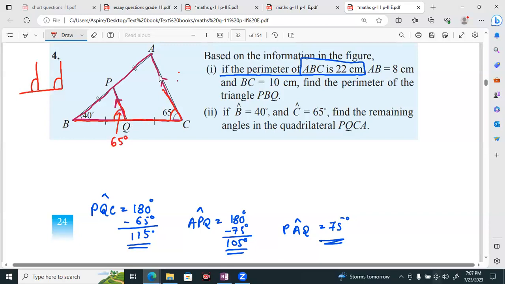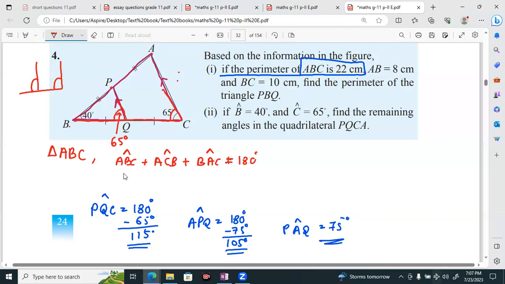Okay, and we can find the BAC angle, or the PAC angle, because we know that if you consider triangle ABC, the sum of interior angles of a triangle equals 180.